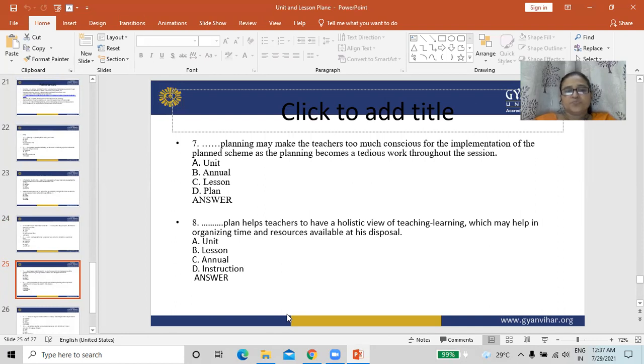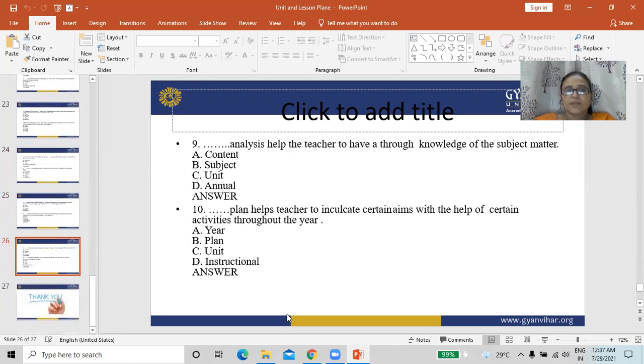Option A, unit plan. Option B, lesson plan. Option C, annual plan. Option D, instruction. Choose the appropriate answer. You have only 4 options. Next MCQs.